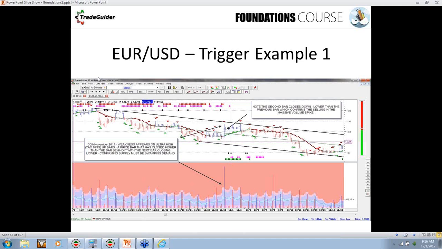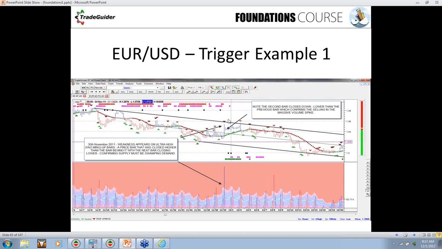Now I've got a trend channel from this high here and this high here. Watch what happens. The market falls. We have a little upthrust here, but then it goes back up into this level. But we get a series of red indicators coming in.